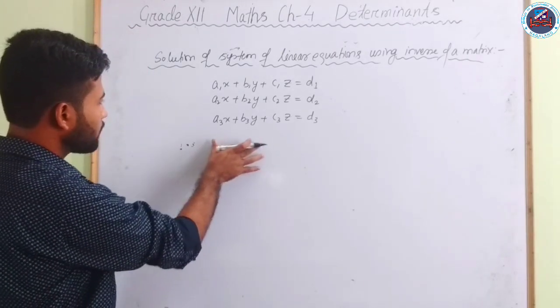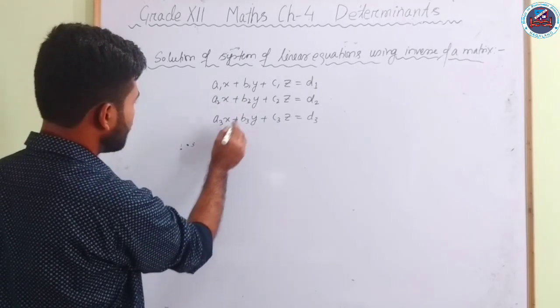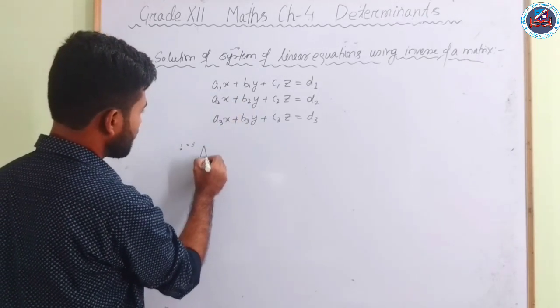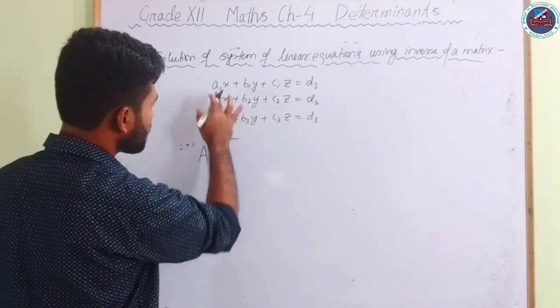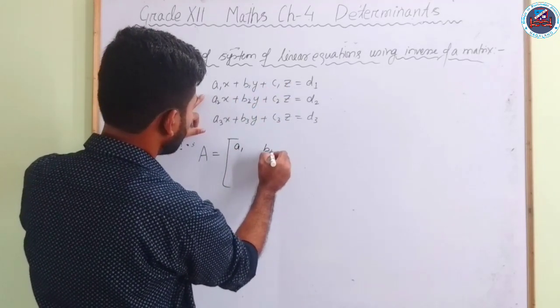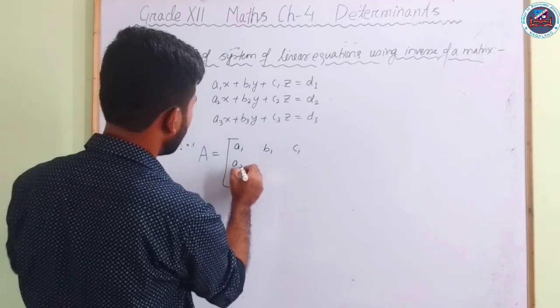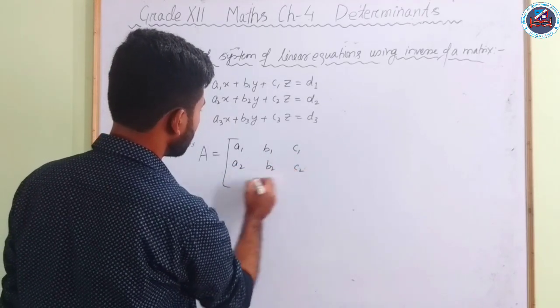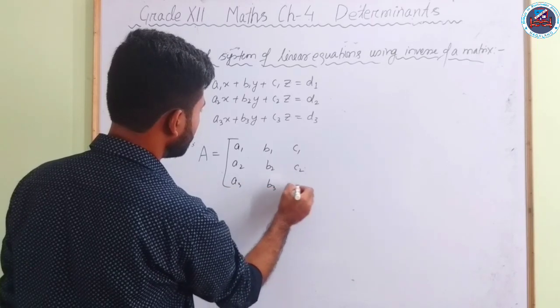To solve them, I can write the coefficients as a matrix: A1 B1 C1, A2 B2 C2, A3 B3 C3.